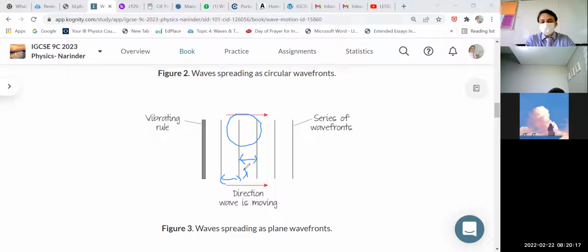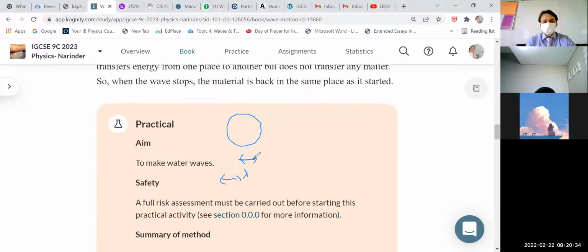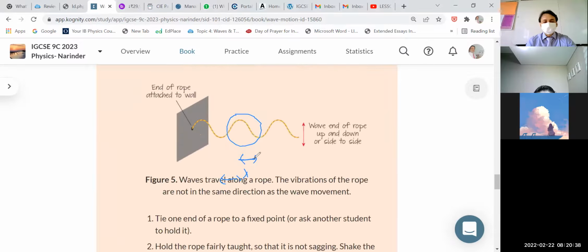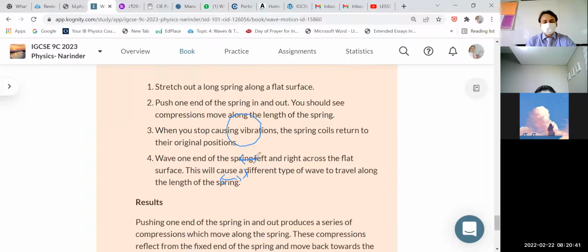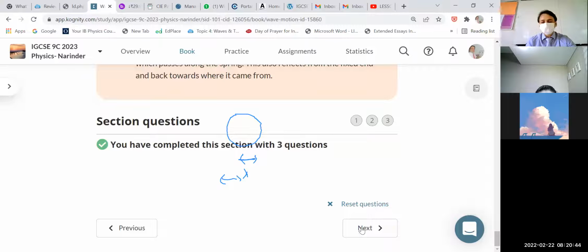So remember, my dear children, the separation between any two wavefronts is called a wavelength, which is measured in meters. These things we have done already. Now let me move to the next topic.